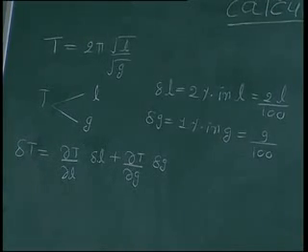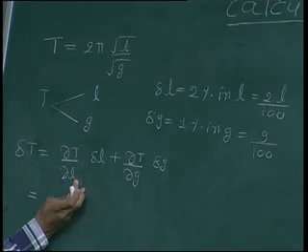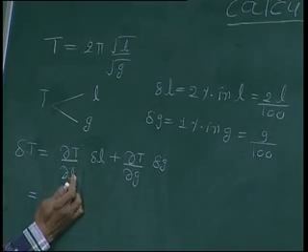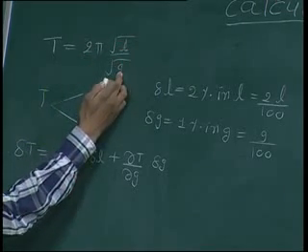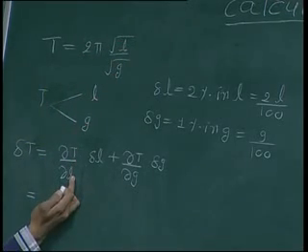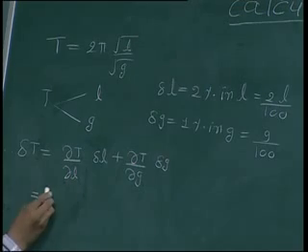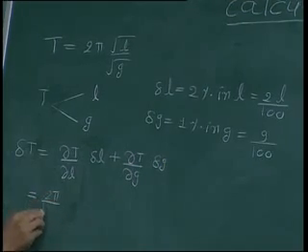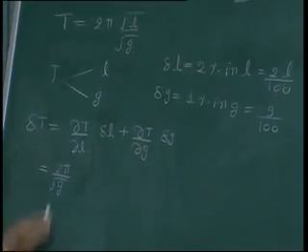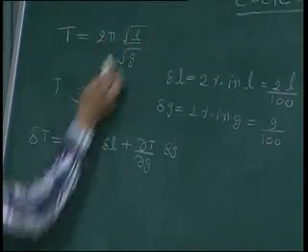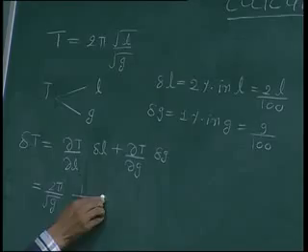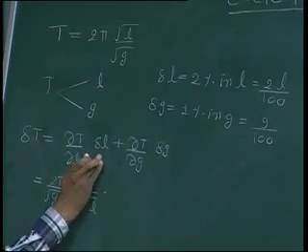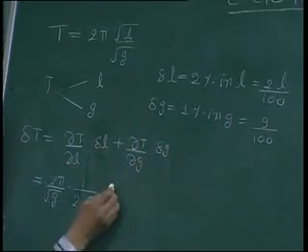Now, the first term is del T by del L, the derivative of T with respect to L. As we know T is a function of 2 pi root L by root g. Here we take the partial derivative with respect to L first, that is why 2 pi upon root g is common. Now we take the derivative of root L, that is 1 upon 2 root L, into the value of delta L, that is given here as 2L by 100.